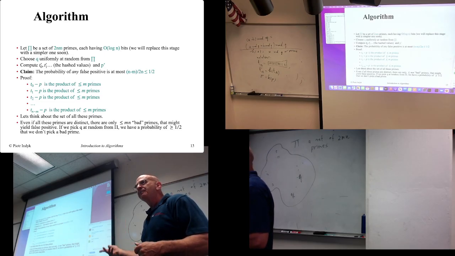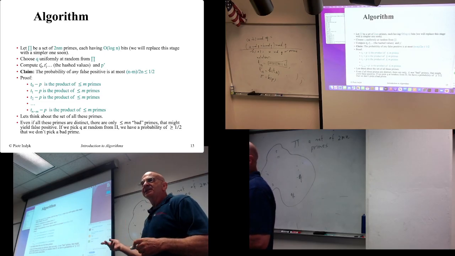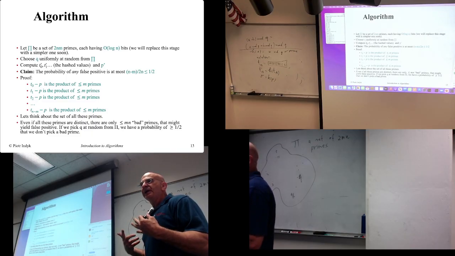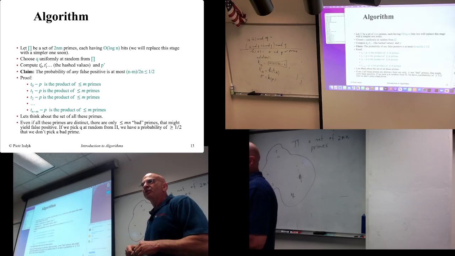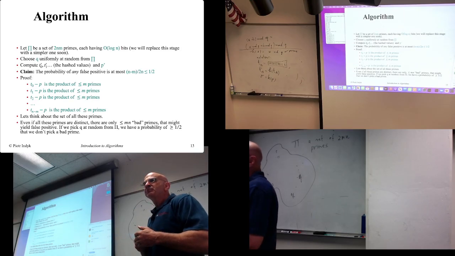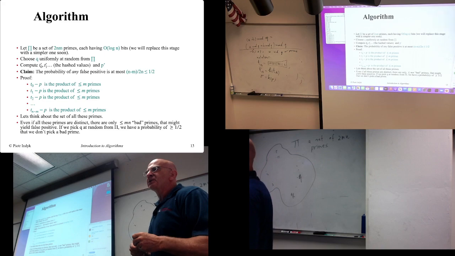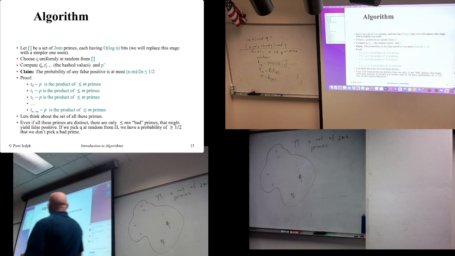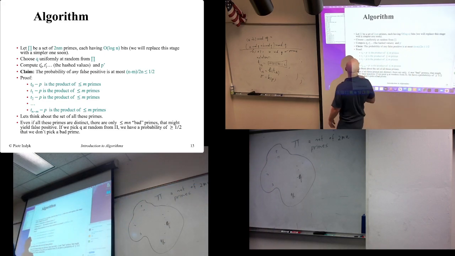Or I'll pick a number at random and check if this number is prime or not. That's another way to approach it, instead of having to have this whole list of primes in my computer. But for the analysis, let's assume that I actually took my time and created Pi explicitly.